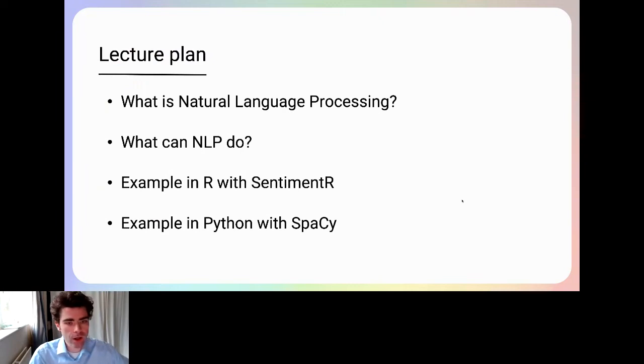Okay, so what is natural language processing? I'll quickly explain that. What can natural language processing do? And then I'll give you an example in R with SentimentR, which is a package, and then two examples in Python. Python, I think, is more generally used for natural language processing just because it's more at home with machine learning.